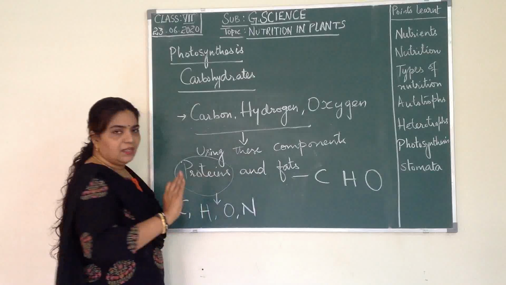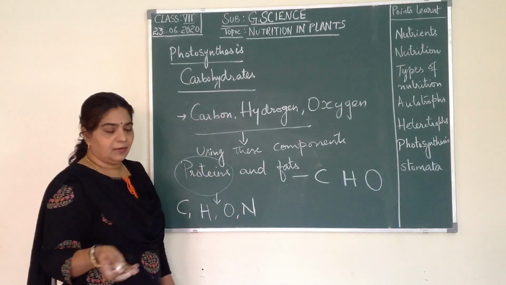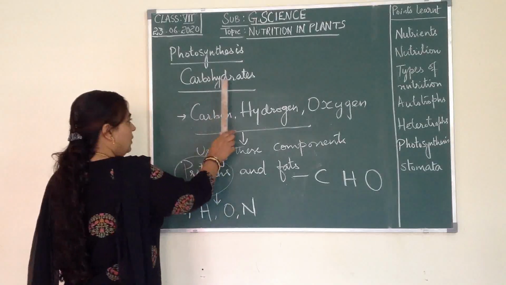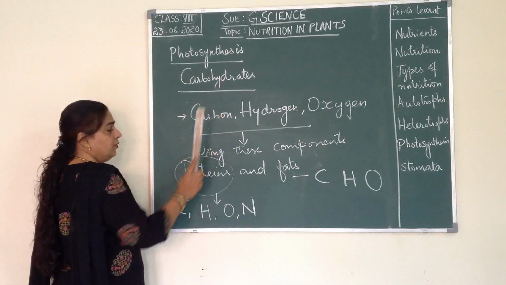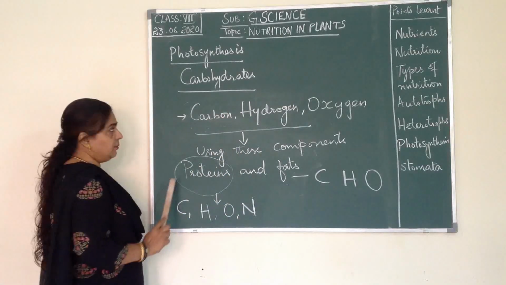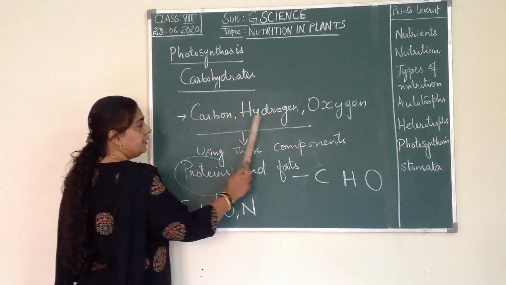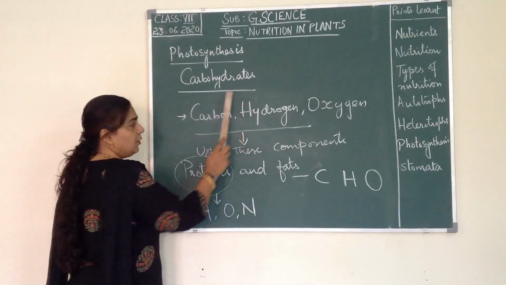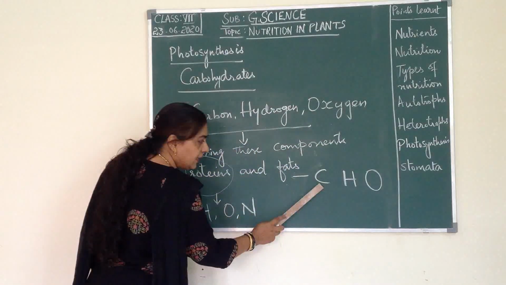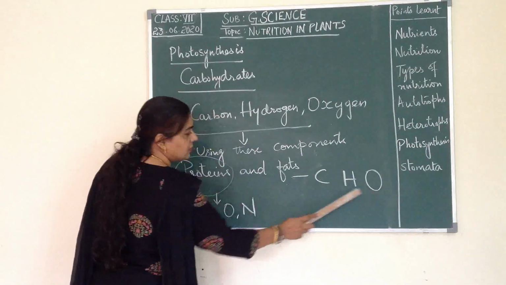There is only slight variation in the number of carbon present in the fat. So all the three, that is carbohydrates, proteins and fats, if we take the chemical composition, they have carbon, hydrogen and oxygen.